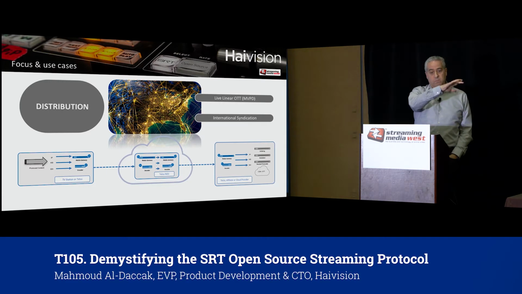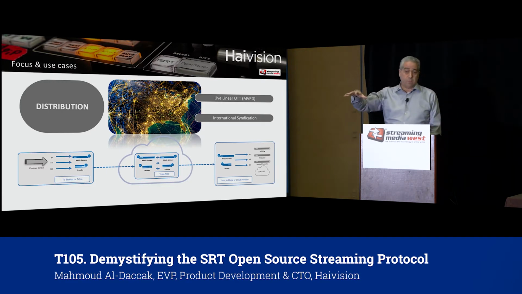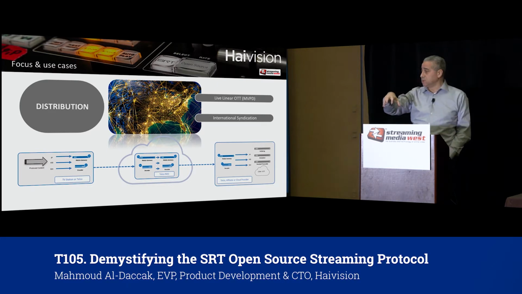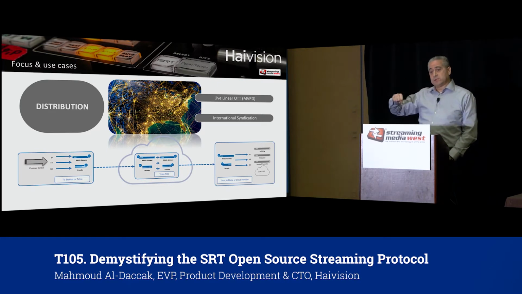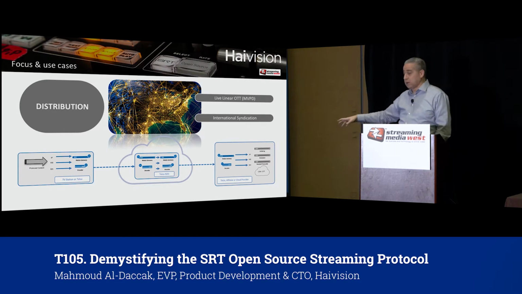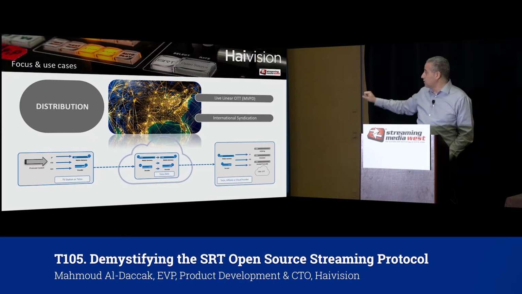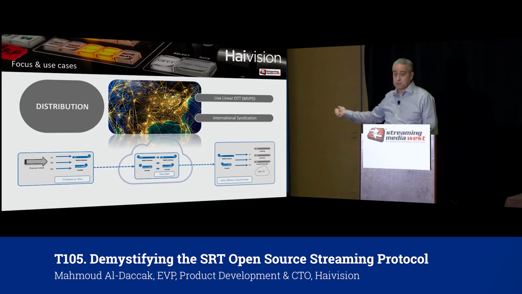It's actually from your production studio or from your TV station or from whatever these signals are originating, and then they get sent to the data center or the telcos, where they get transcoded possibly into an ABR and then sent over the top. So really the main application there, or the segment, is live linear OTT.